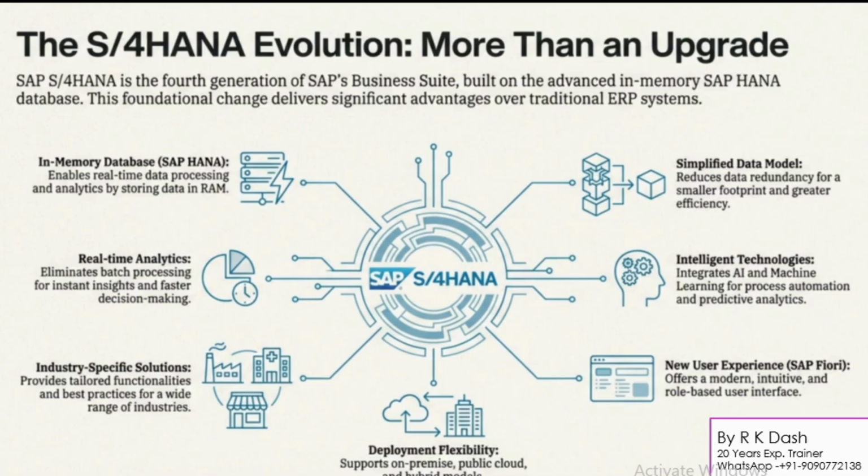Then next is intelligent technology. It integrates AI, artificial intelligence, and also machine learning for process automation and predictive analytics. Suppose you use machine learning on your invoices, to find the customers whom you have already billed and who have not paid yet.